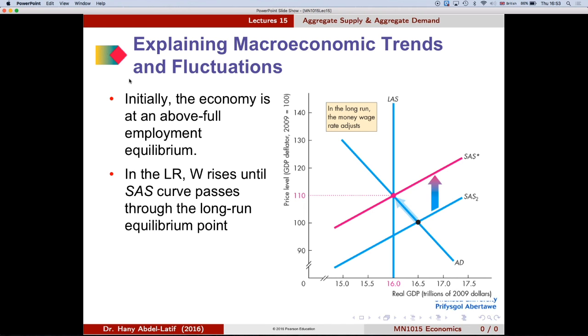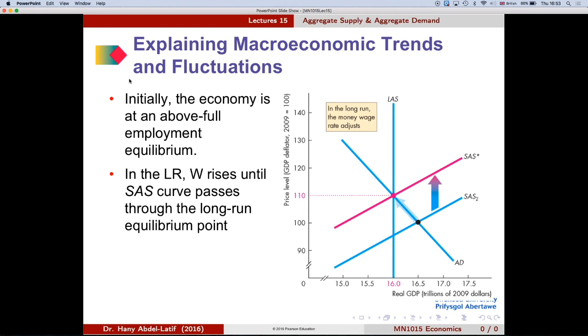So in our case, the equilibrium happened above the full employment or potential GDP level, and the money wage will rise, and this will shift the short run aggregate supply curve to the left until we come to the equilibrium point in the long run, which is the red one.